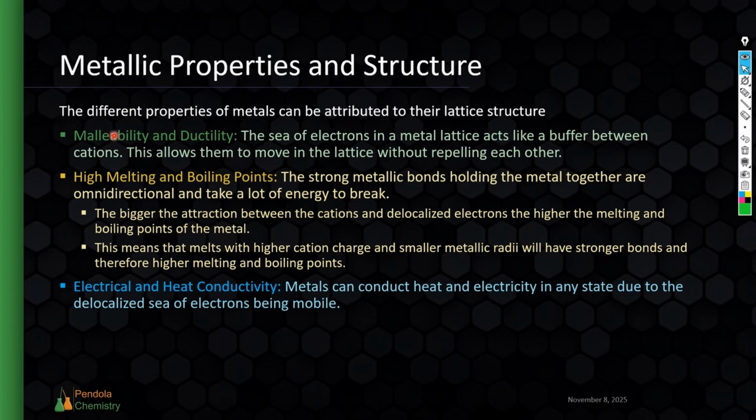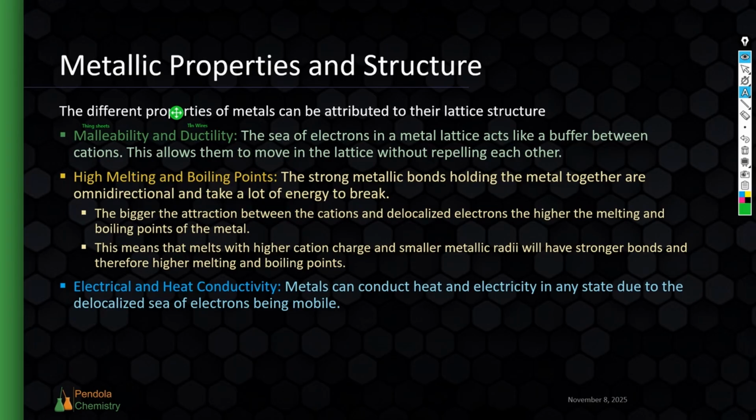If you remember from honors chemistry, malleability and ductility are two properties of a metal that deal with their ability to be shaped. Malleability is the ability to be pounded into thin sheets, and ductility is the ability to be drawn into thin wires.